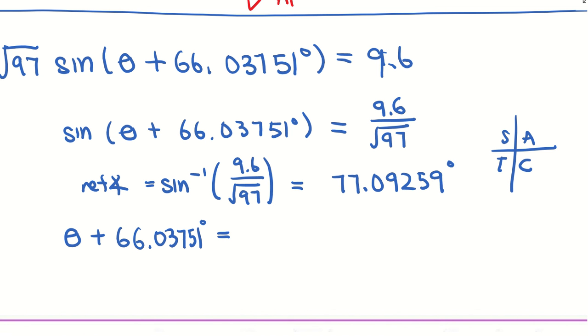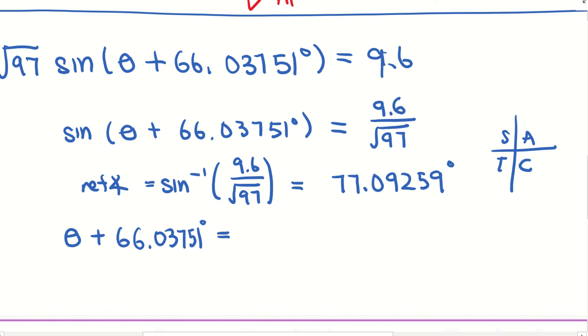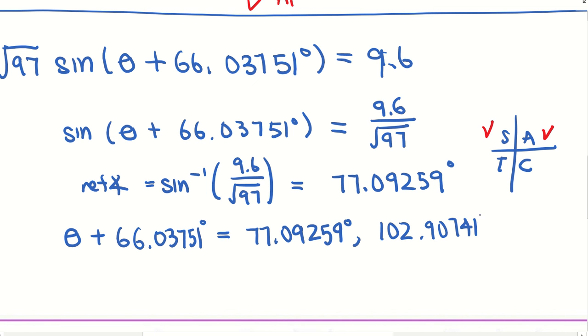Remember, for trigo, you have to check that there are multiple answers. If sine is positive, I'm going to take the first quadrant and second quadrant. There are 2 possible answers: 77.09259, or the second quadrant answer, 102.907.